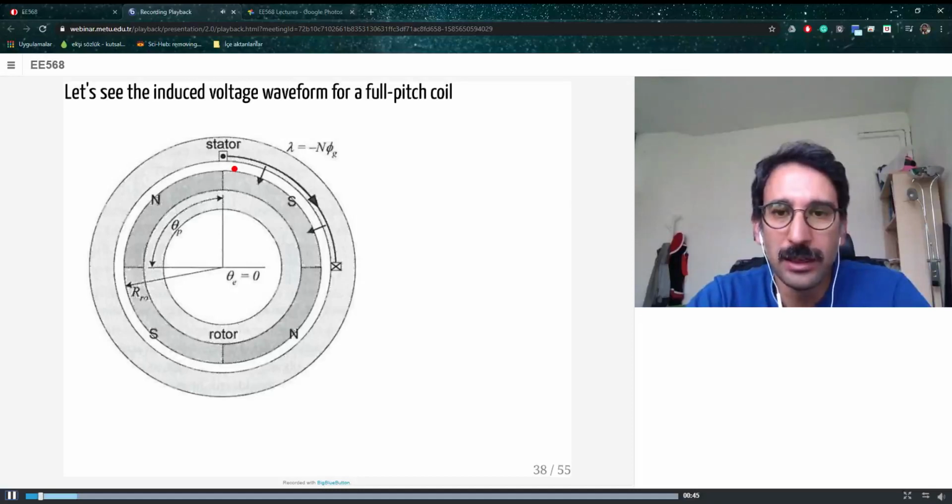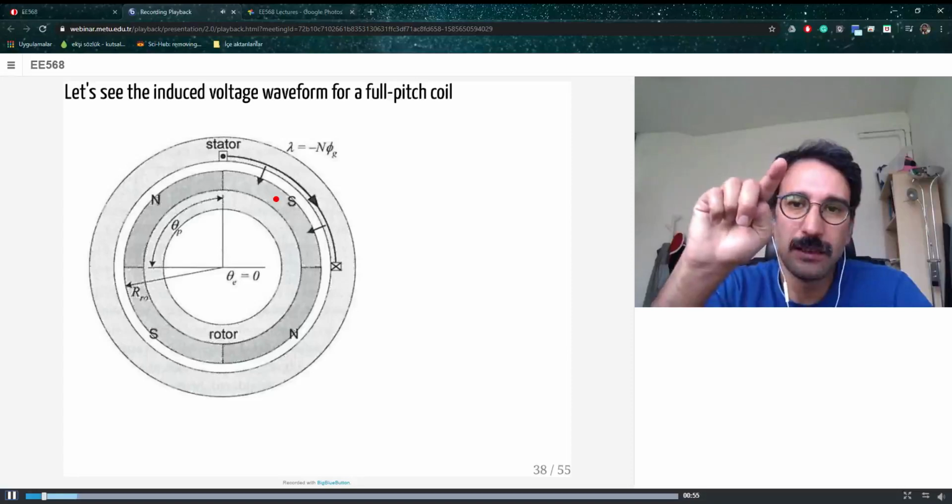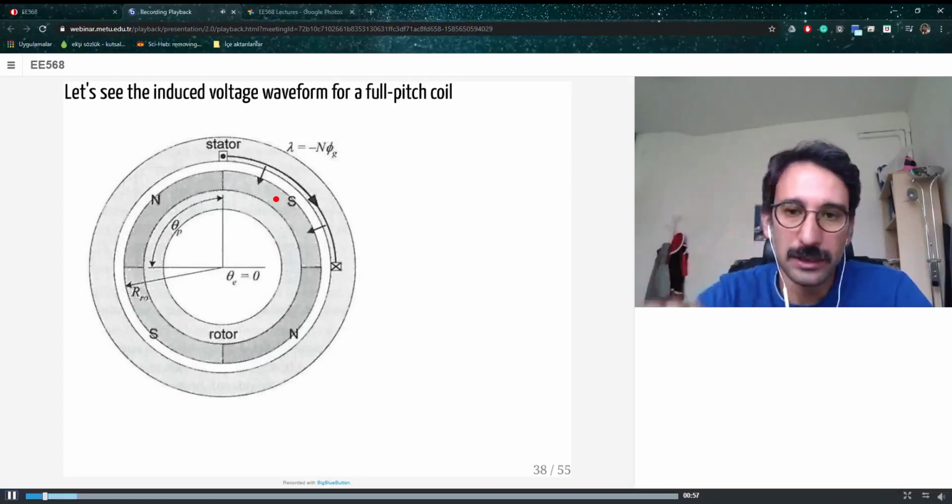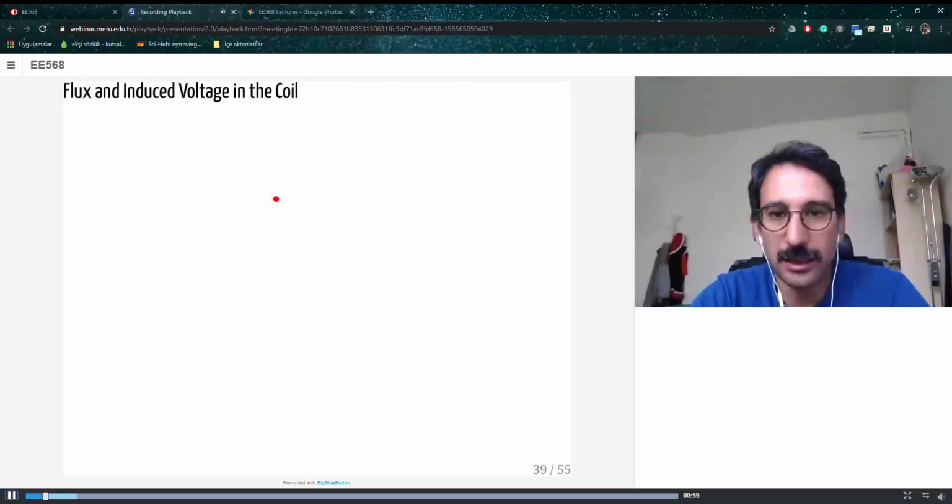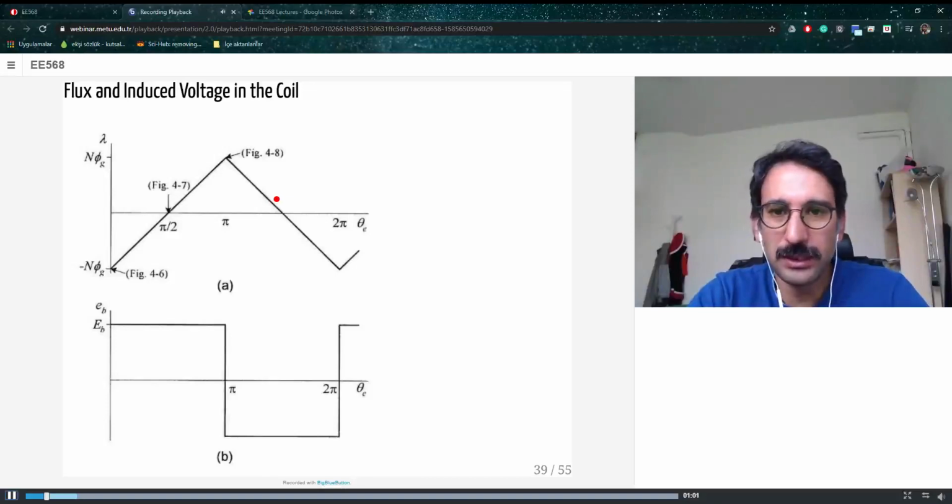So what is happening is, they have the maximum value here, and as the rotor rotates, the flux increases linearly, reaches a maximum value, then decreases linearly as well. That is the kind of flux waveform that we will see with that configuration.